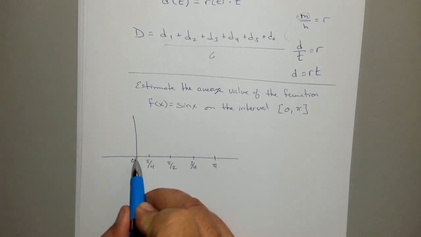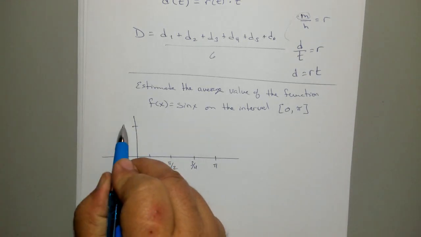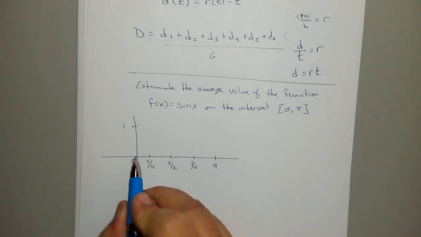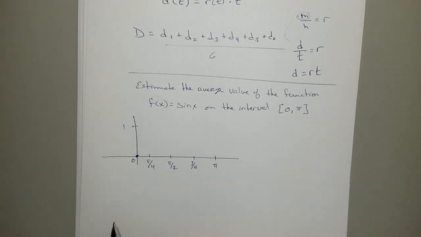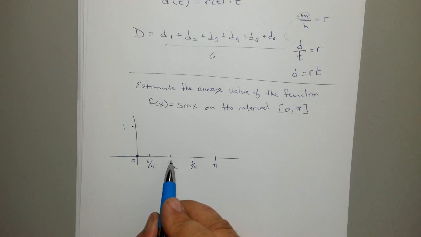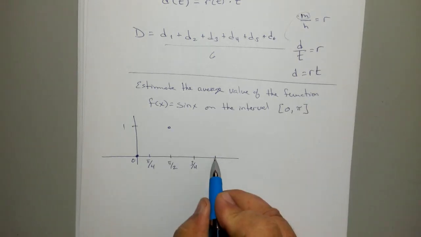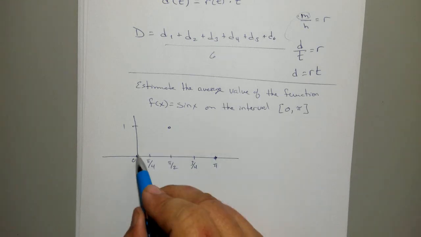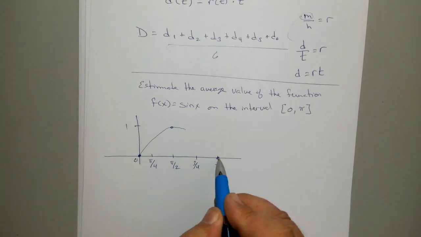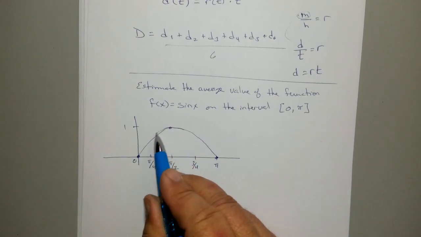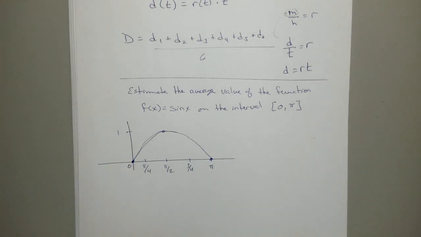At 0, sine is what? Sine is 0. At pi over 2, sine is 1. And at pi, 0. So this is the thing we're looking for.